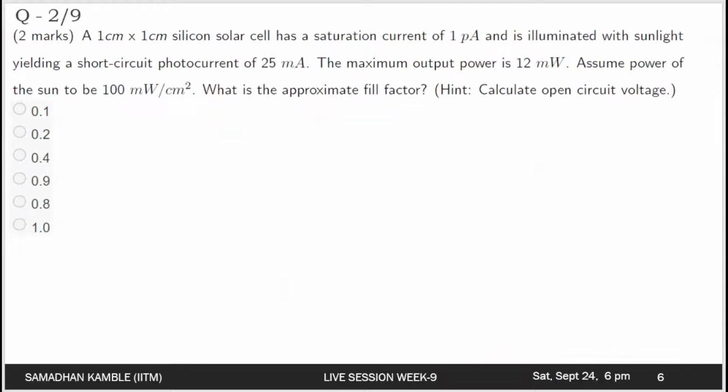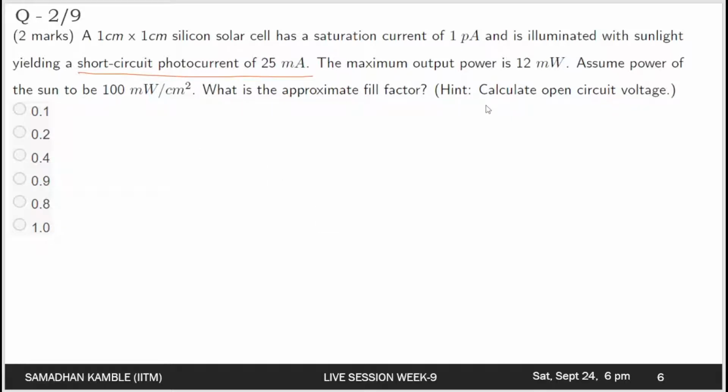Okay, so going to question number 2. A 1 centimeter by 1 centimeter silicon solar cell has a saturation current of 1 picoampere and is illuminated with sunlight, yielding a short circuit photocurrent of 25 milliampere. So the short circuit photocurrent is given.